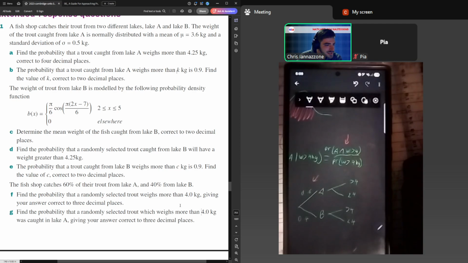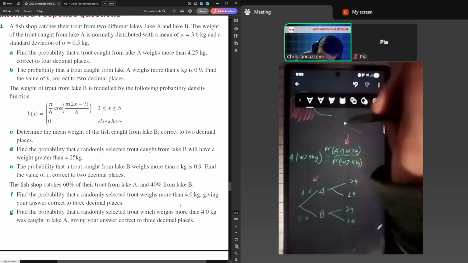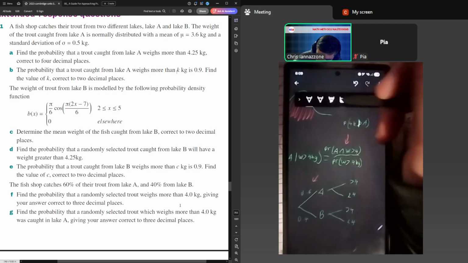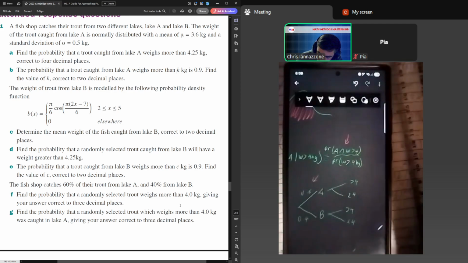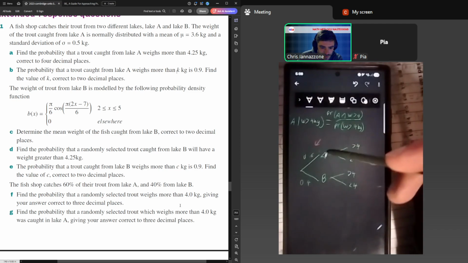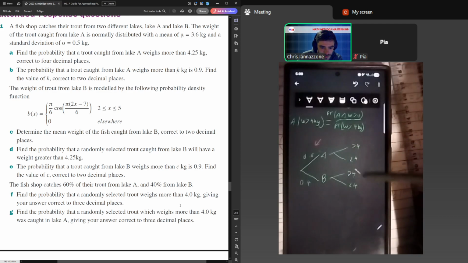If part A had said 4 kilo, what we would have actually calculated would have been probability of 4 kilo given Lake A, because it came from Lake A. It's not actually an intersection. So when we think intersections, better thinking things in terms of tree diagrams. Think about the procedure going from A or B to being greater than or less than 4 kilo.